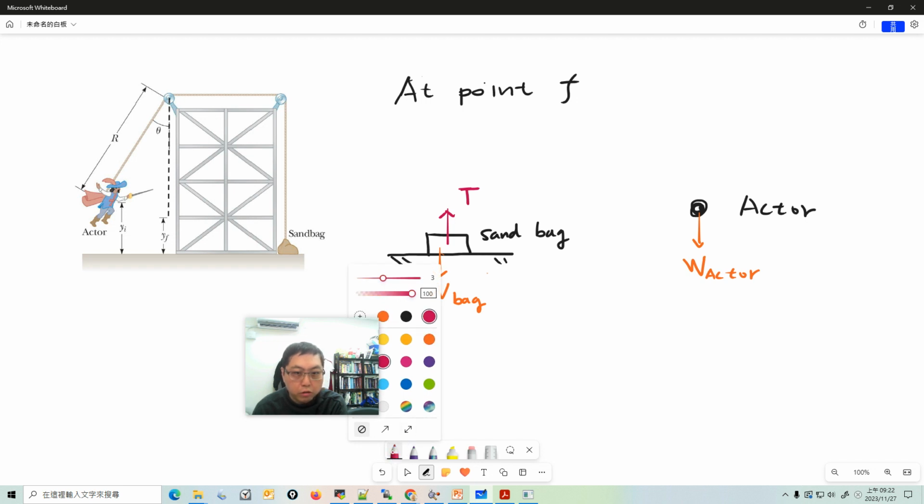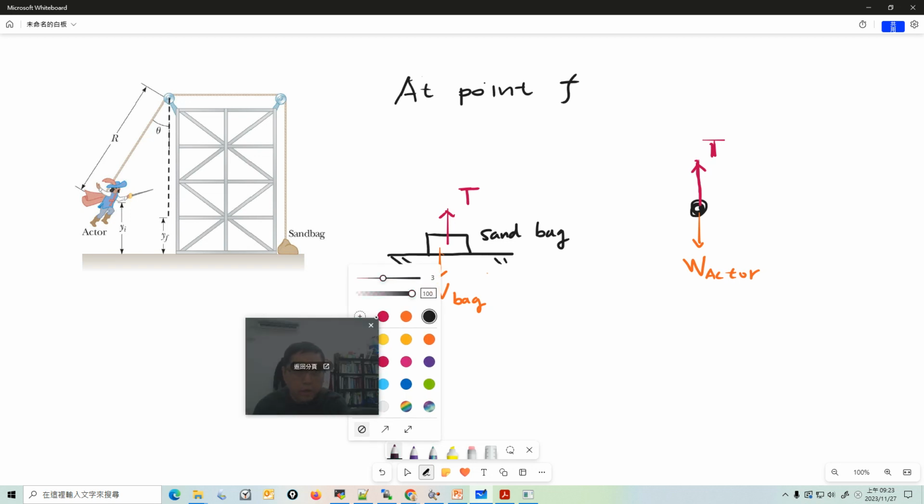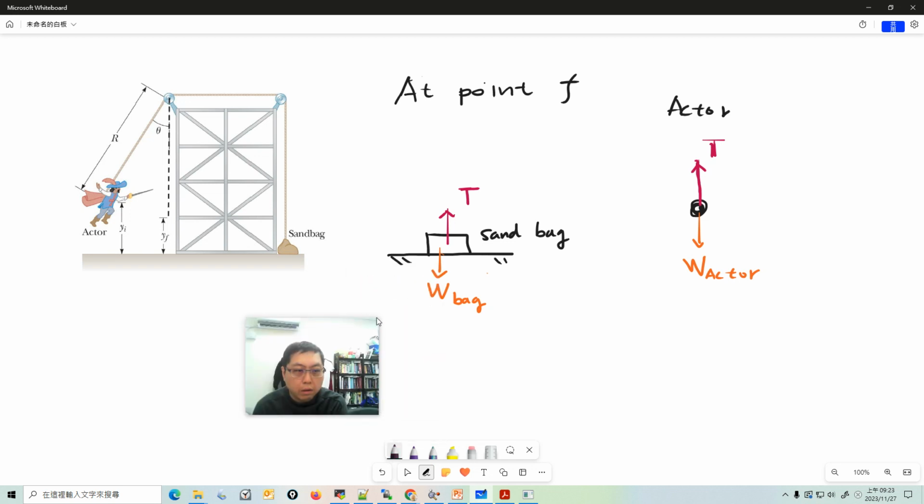Let me write actor here. So at point F, the actor feels the tension and his weight.